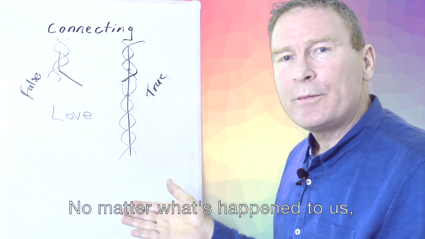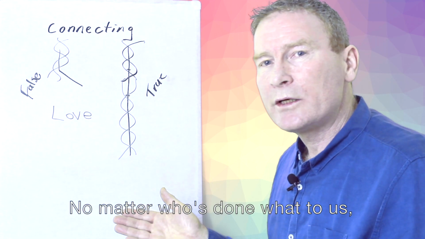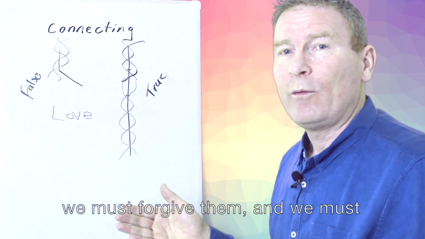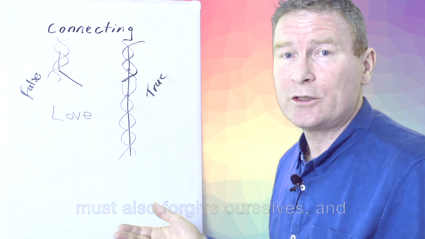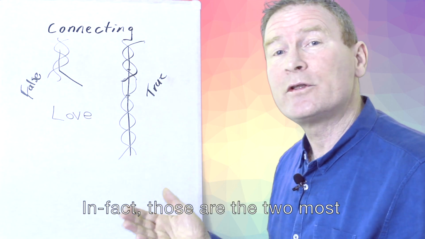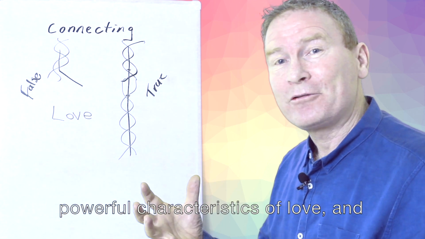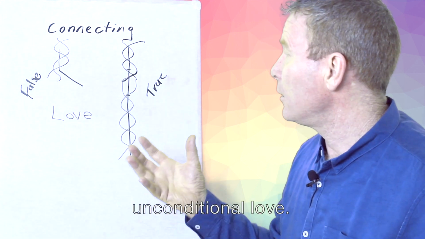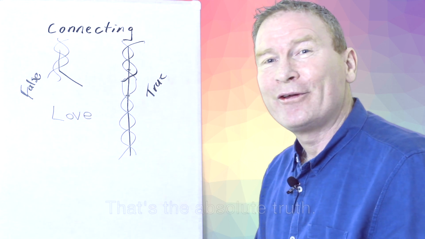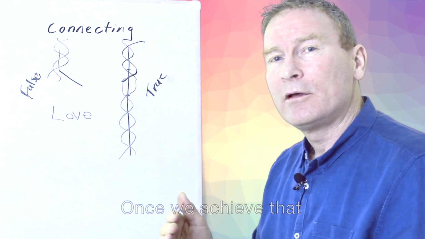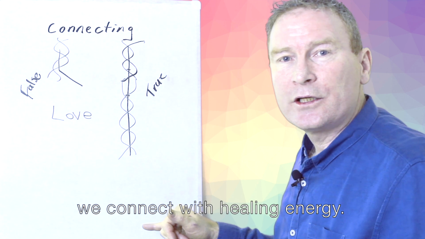So no matter what's happened to us, no matter who's done what to us, we must forgive them, and we must have compassion for them, and we must also forgive ourselves and have compassion for ourselves. And in fact, those are the two most powerful characteristics of love and unconditional love. And that's the absolute truth. And once we achieve that, we connect with healing energy.